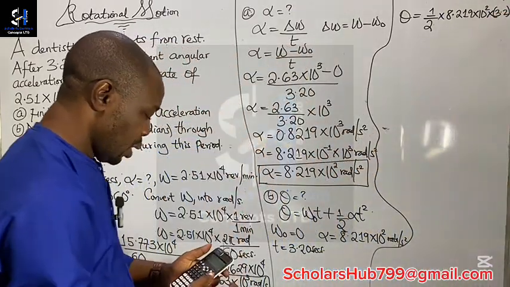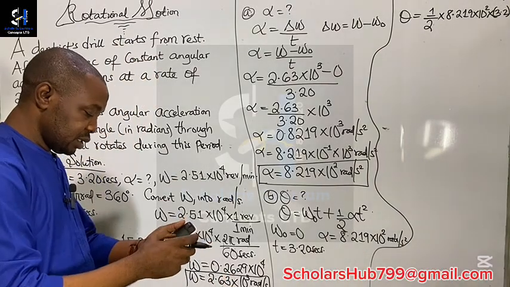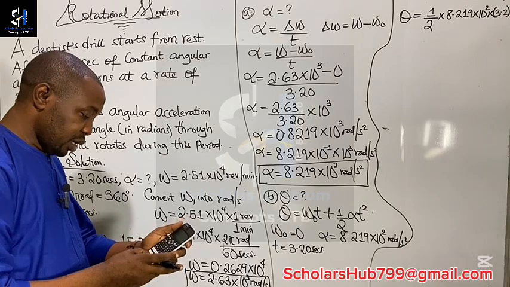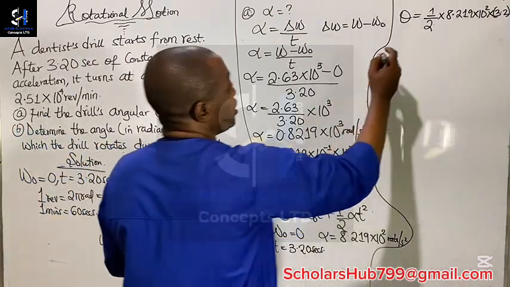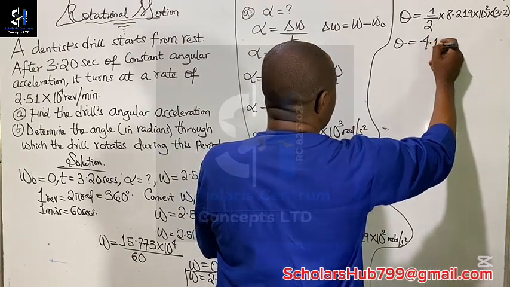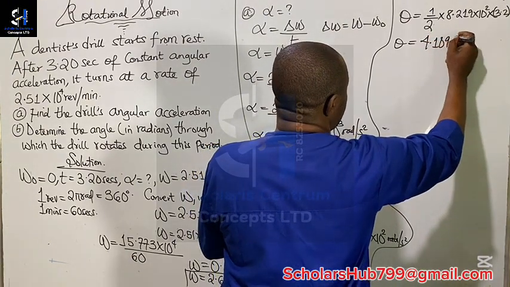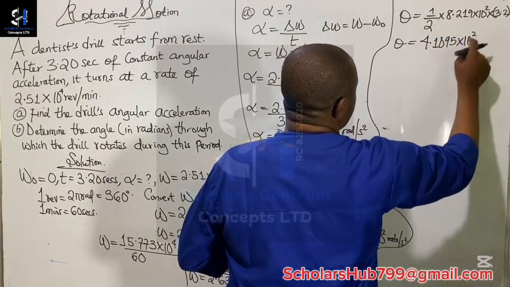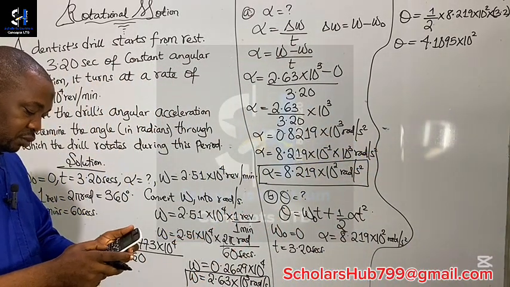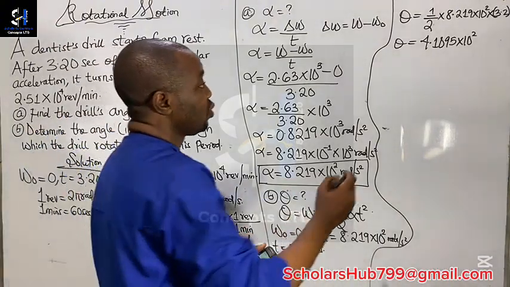So let's divide 8.219 by 2. Now we're going to have 4.1095 multiplied by 10 raised to the second. Then also, what is 3.2 squared? That will be 10.24.